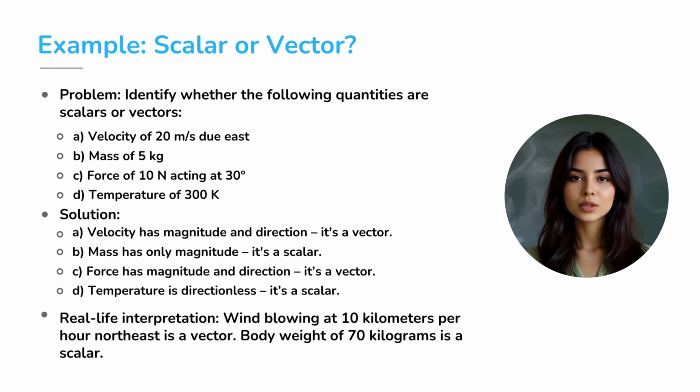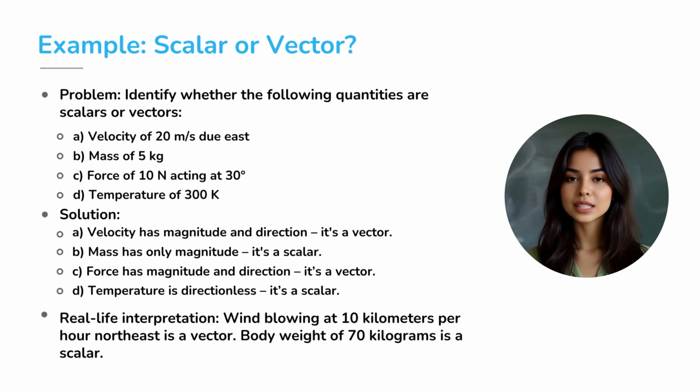Just a number, no direction, it's a scalar. Third, force of 10 newtons acting at 30 degrees. Magnitude and direction? Definitely a vector. Fourth, temperature of 300 Kelvin, no direction here. It's a scalar.